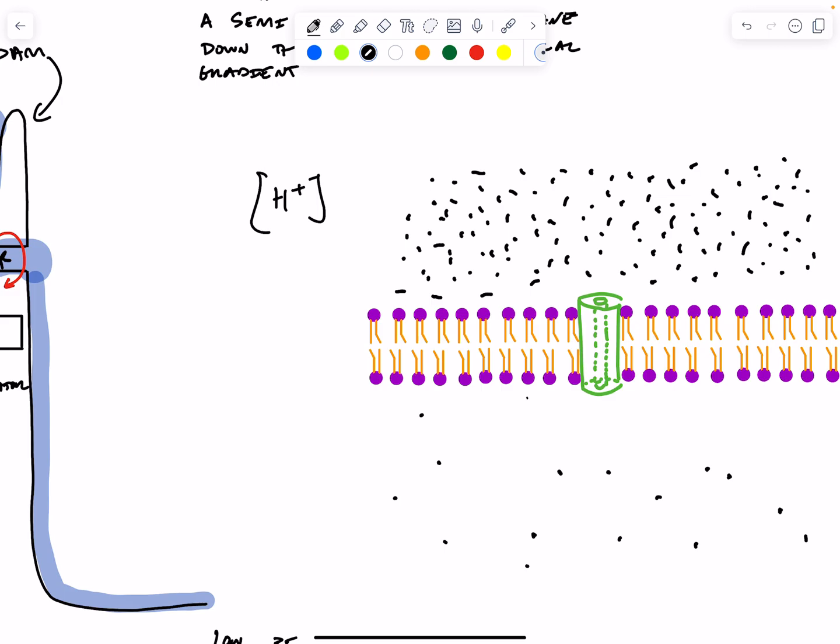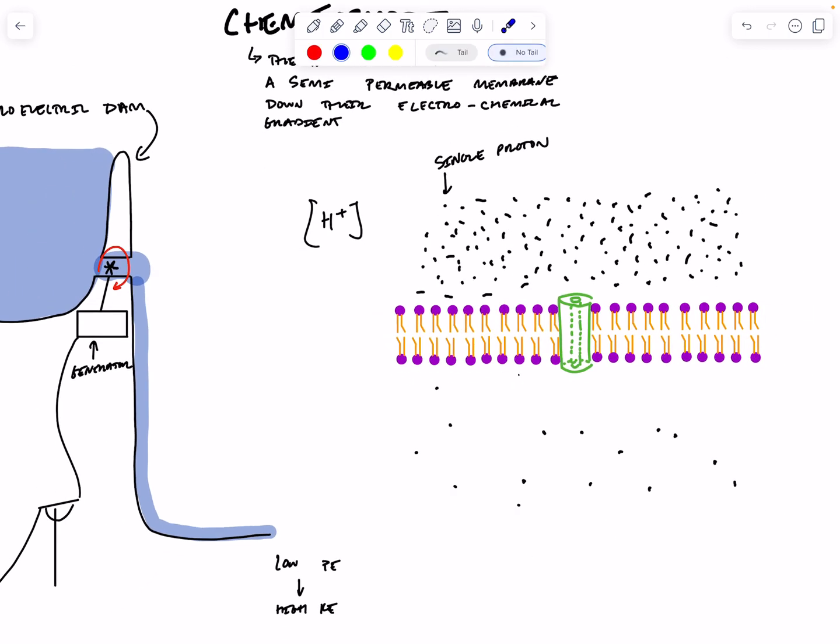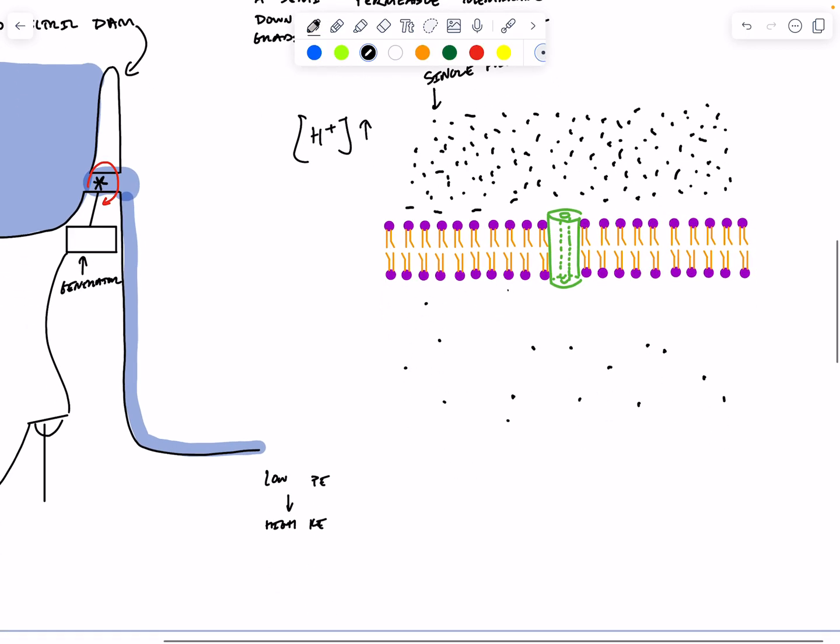A hydrogen ion, remember hydrogen is the first element in the periodic table, and a hydrogen ion is actually just a single proton. So this side of the membrane is an area of high concentration of hydrogen, relative to the other side, which is a lower concentration of hydrogen ions.